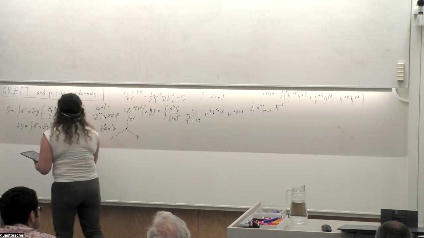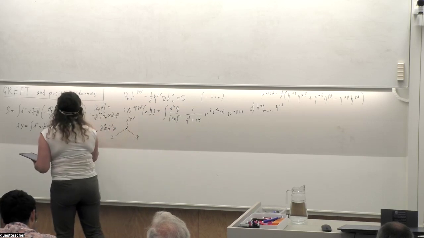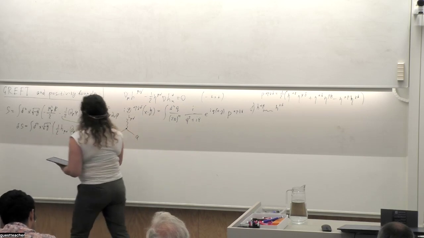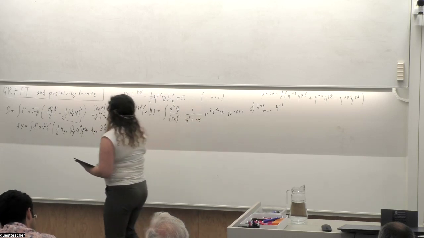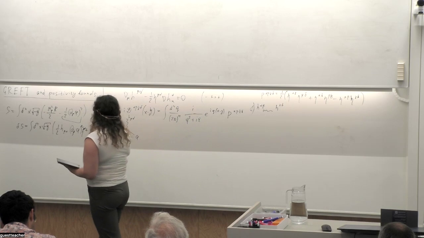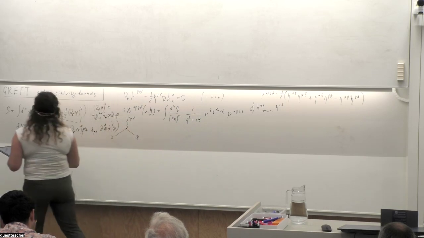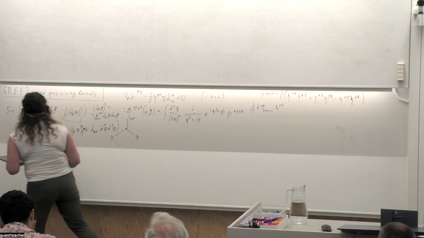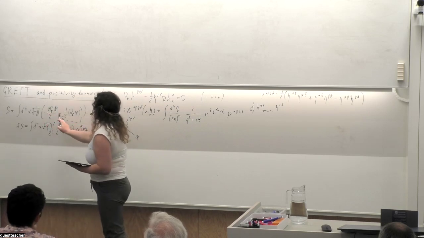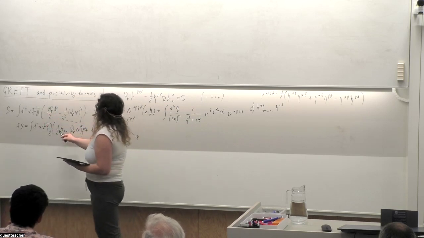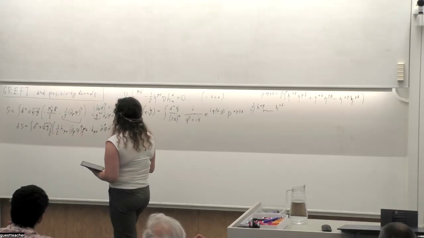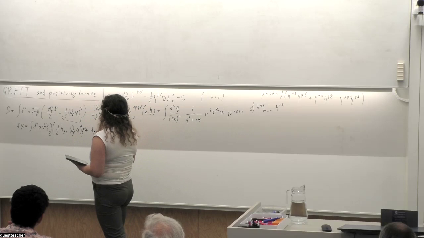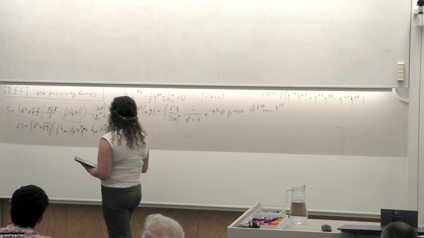And here I need η_μν, the flat space metric. So I have two combinations of vertices contributing to this Lagrangian, and the 1/2 is coming from differentiation of the square root of g.